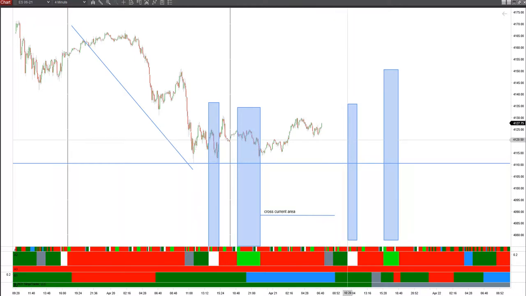You can see the white block where I've marked this rectangle out. Between 10:34 and 11:50, I'm looking for this to most likely be a high area. It could be a low, but it's more likely to be a high because we have these two bullish windows leading into that zone, plus the Astro Excel sheet is bullish.